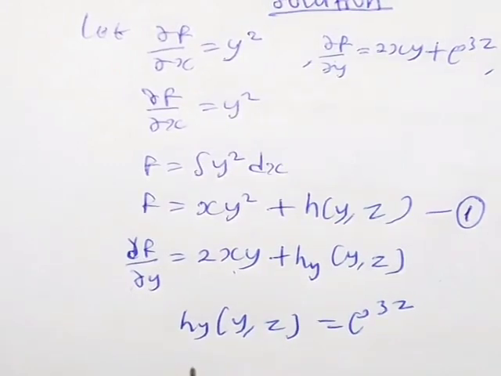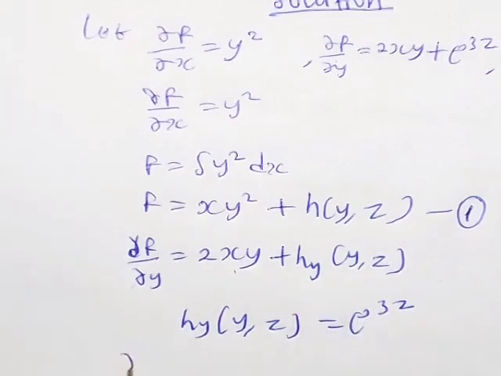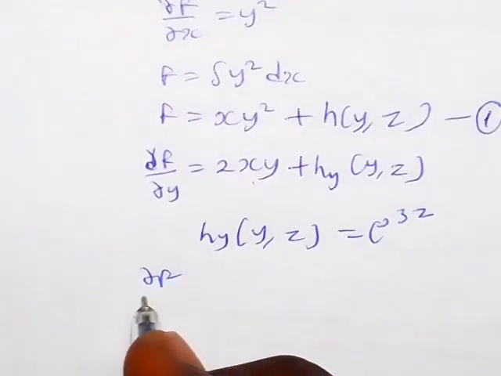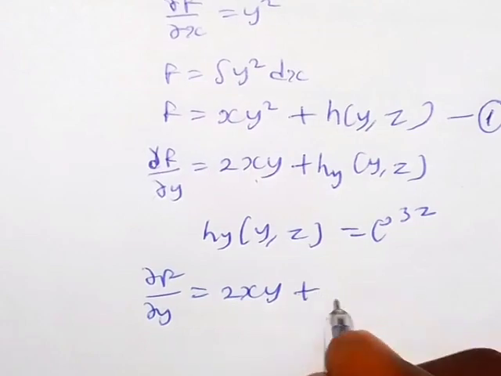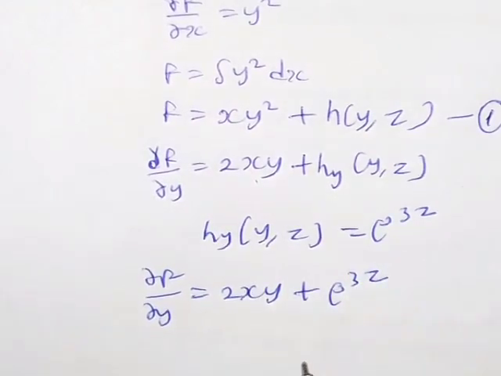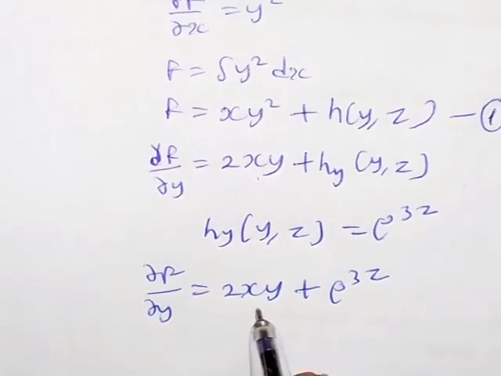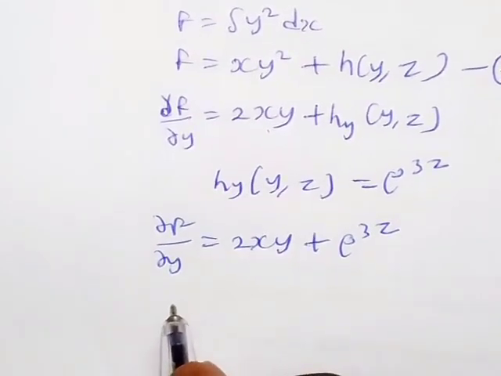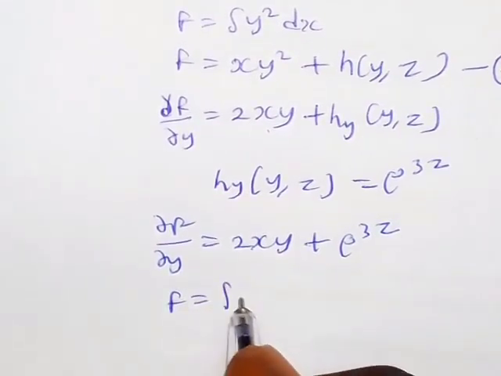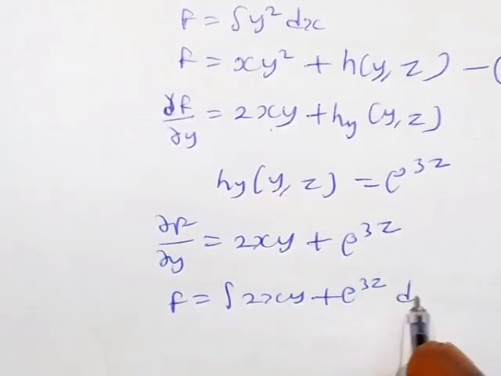So now, since the value of h subscript y is this, we can plug it in here. So we have partial f partial y equals 2xy plus exponential 3z. Let's integrate both sides. So integrating both sides, we have f to be equal to the integral of 2xy plus exponential 3z dy.